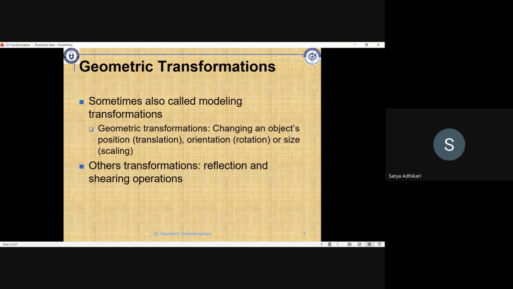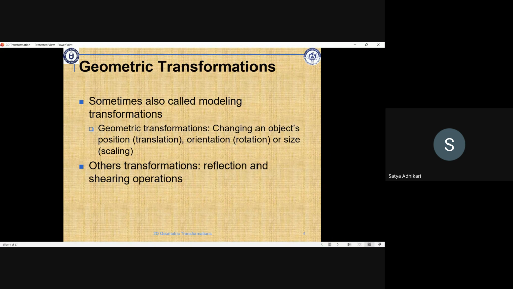And shearing is also another important transformation, which is used to change the shape, not the size. There is a difference between size and shape. Shape means you can change a rectangle to a square having the same area. The area of a rectangle is equal to the area of a square, but you want to change the rectangle to a square.